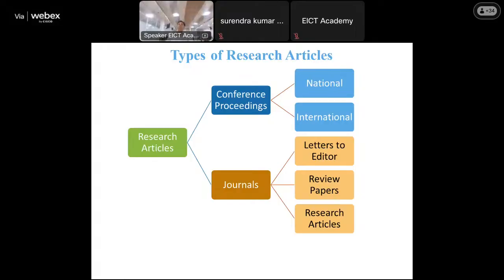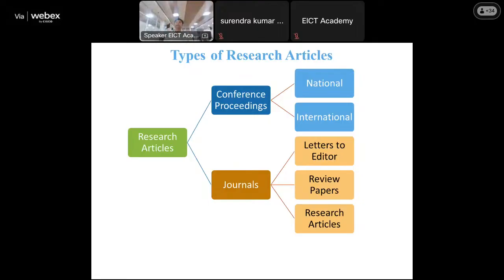A letter to editor is a short form of communication where I intend to cover a specific thematic area or research and send it to an editor, which we consider the fastest way of publication. The reason is that in a letter you have to be very specific, and every journal has a limit.